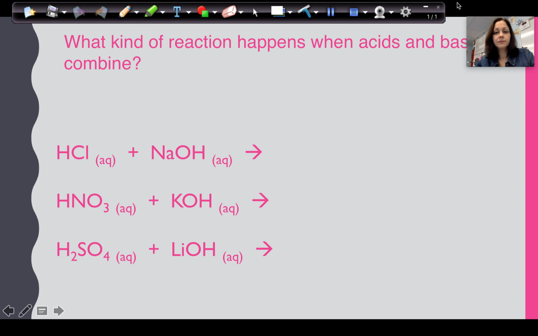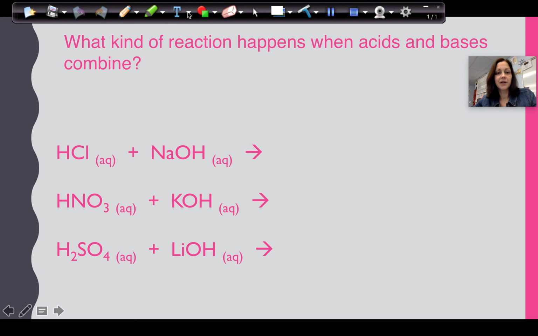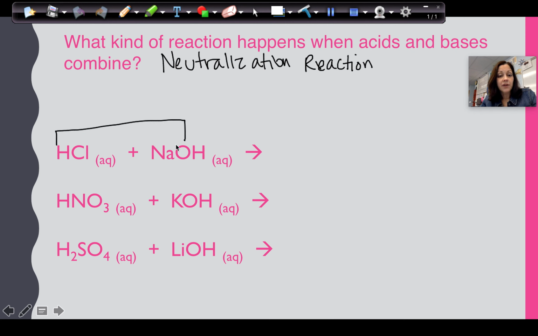So when acids and bases combine, we have a neutralization reaction, which is a special kind of double replacement where my outers come together and my inners come together.